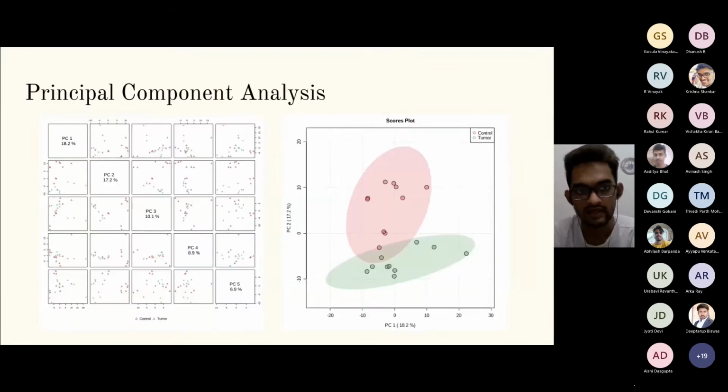This normalized data is passed for PC analysis, and you can see the first 5 principal components here. This is a 2D score plot, and you can notice that there are no outliers in it. That means there is a clear difference between tumor and control.